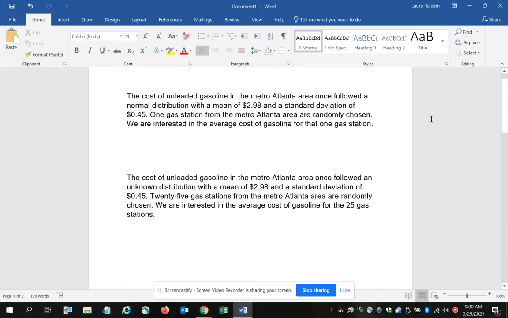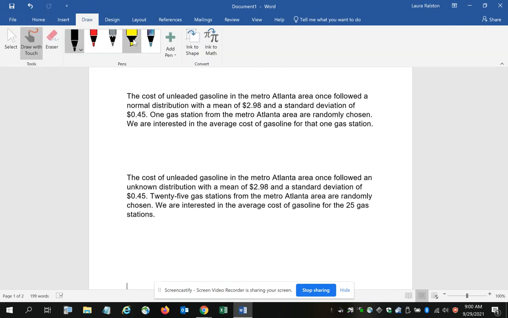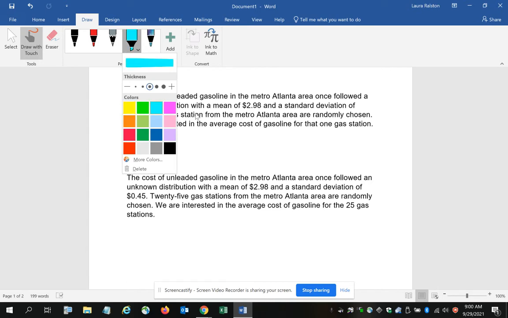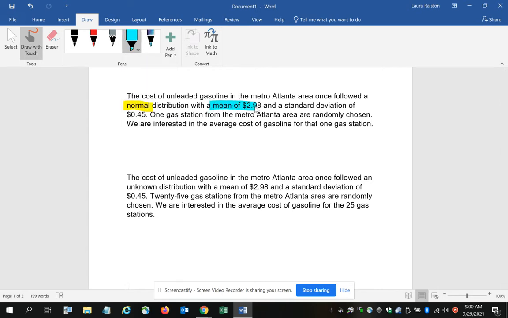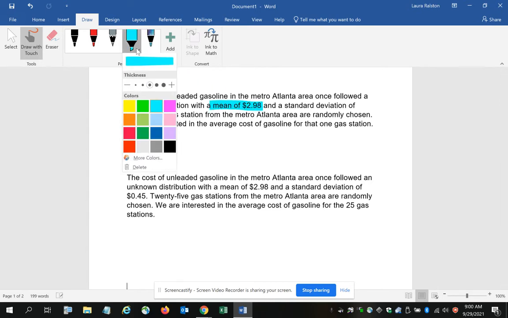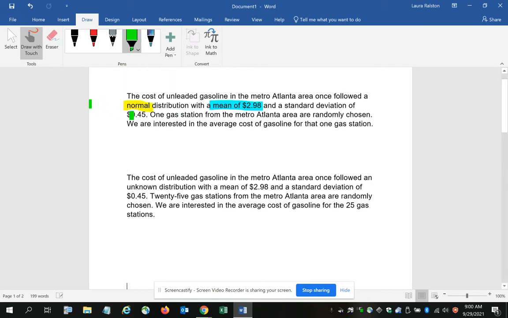Okay, a couple of things about this particular question, and I do have a grammar mistake there, I apologize. As you're reading the problem, it tells us in the description that it is a normal distribution. Furthermore, it tells us the mean, and it tells us the standard deviation.